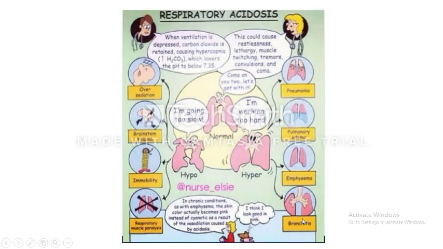It can work in two ways, hyper or hypo. This is the normal one. The hyper one, it's too hard, and it is basically a type of pneumonia. Here you see in pneumonia the lungs become larger in size. So with pneumonia, pulmonary edema or emphysema or bronchitis can take place.